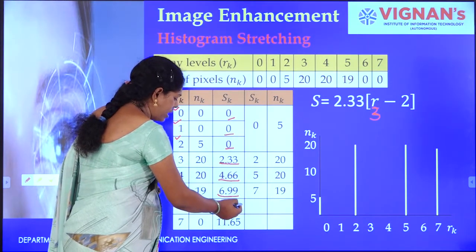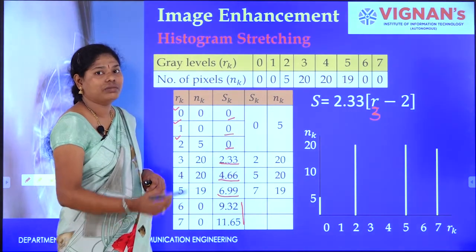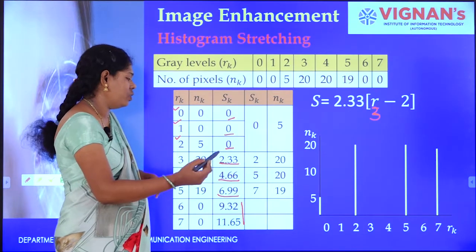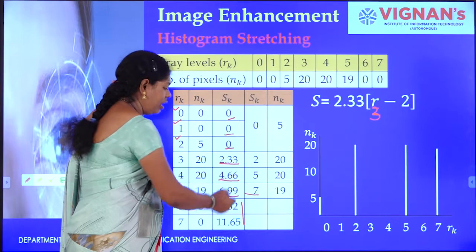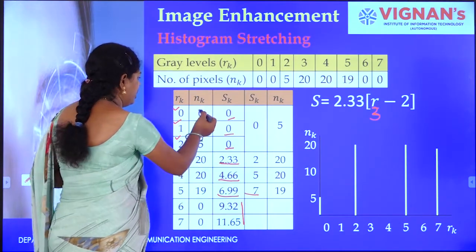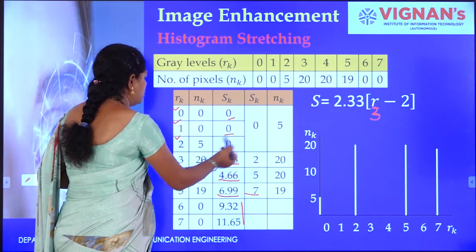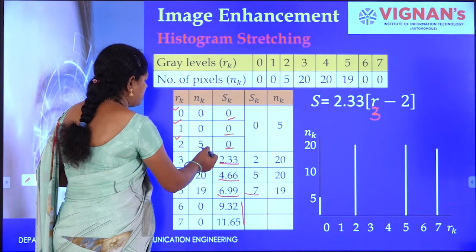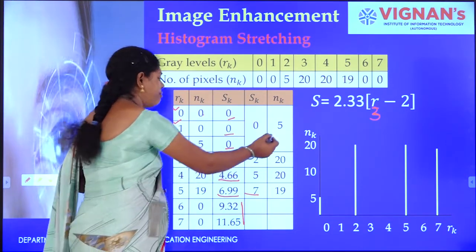And these values are not included in our image. The image maximum intensity value is only 7, so these values we are not considering; up to 7 only we have to consider. Let us see. Next, all these are zeros only. By merging these zeros, 0 plus 0 plus 5, the number of pixels is 5.